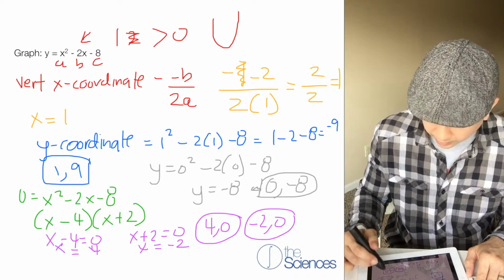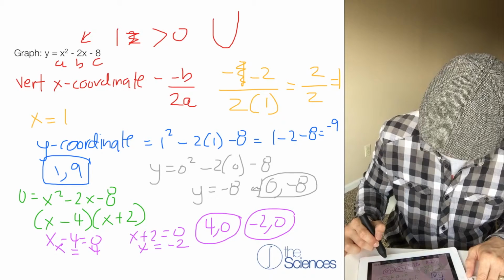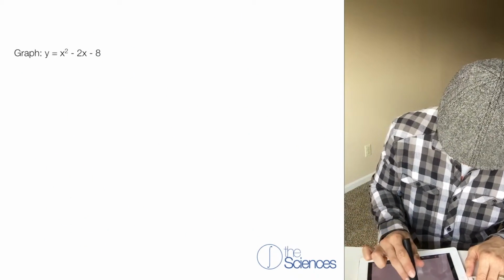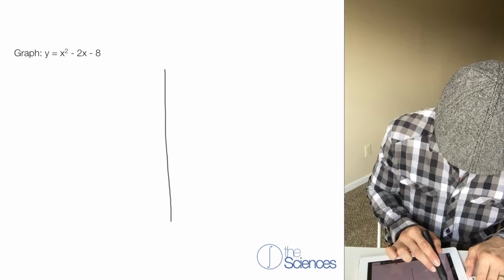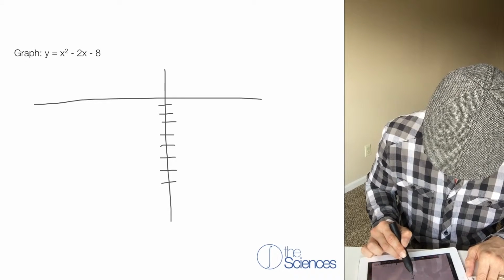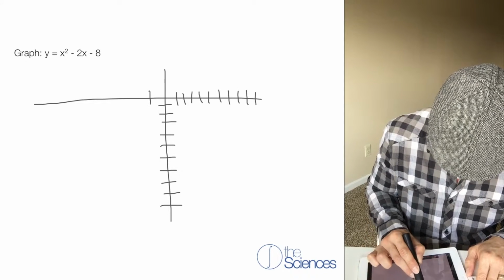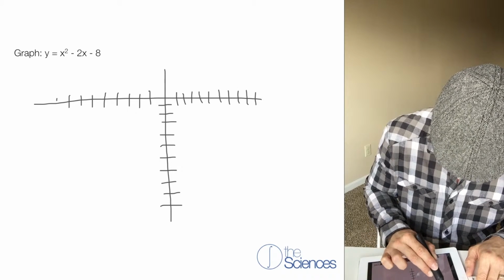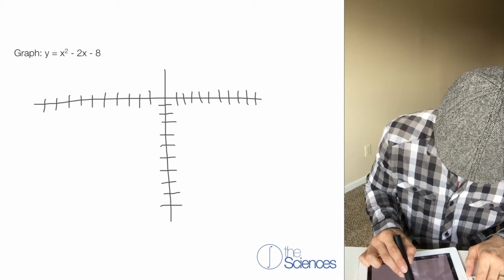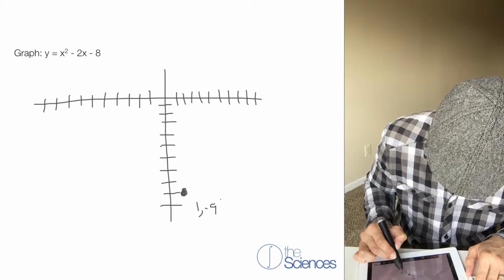So now we're going to use these points to draw our graph. So I'm going to clear all of this. So we know our vertex is at (1, negative 9).